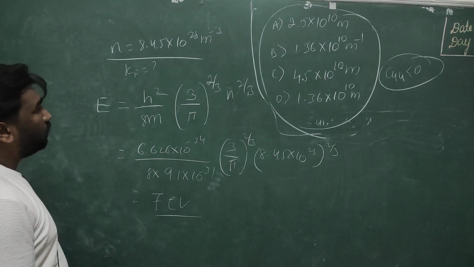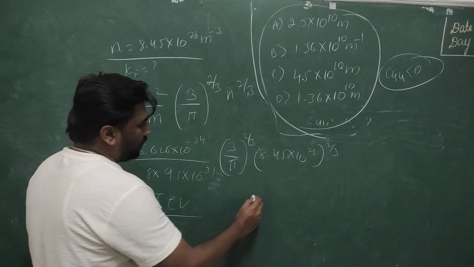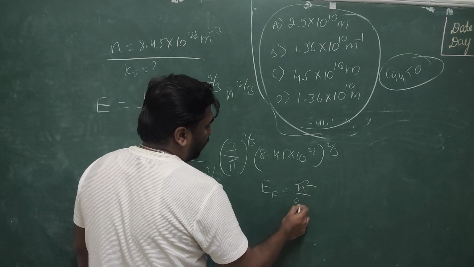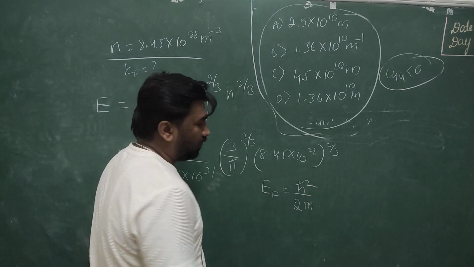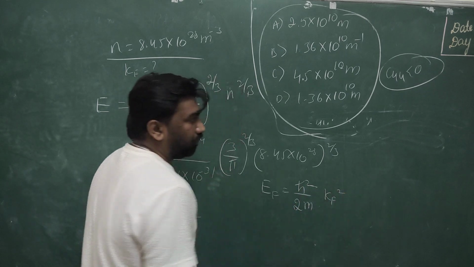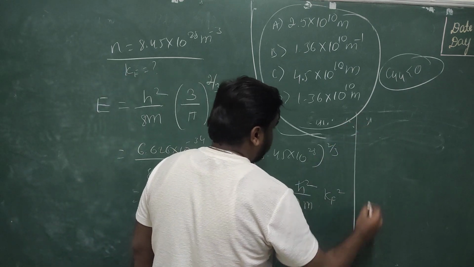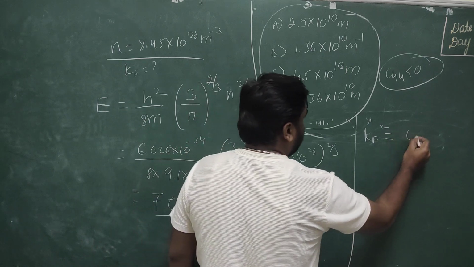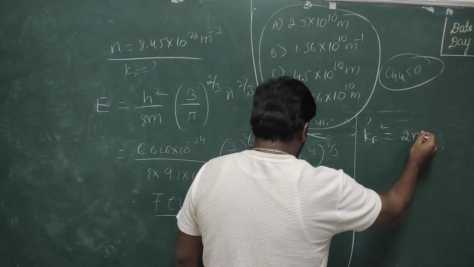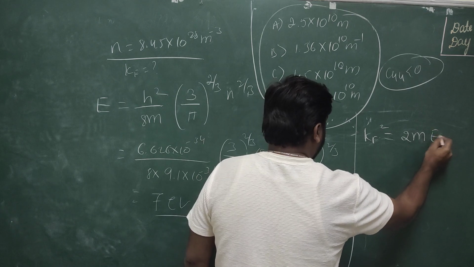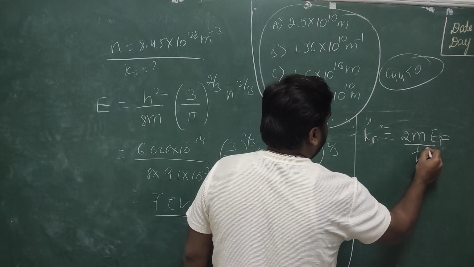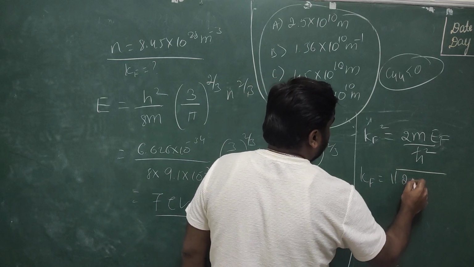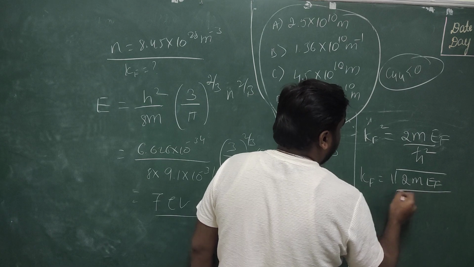Also we know the relation EF is equal to h cross square by 2m into kf square. Therefore, kf square is equal to 2m EF divided by h cross square, so kf is equal to the root of 2m EF divided by h cross square.